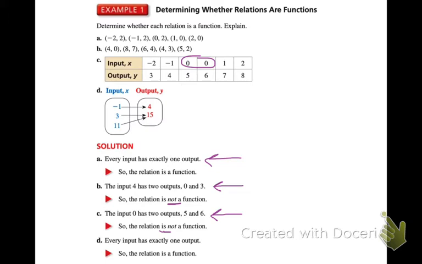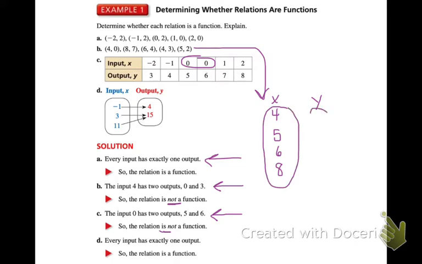If I were to do the diagram like this with my input values and my output values for part B, I have, in least to greatest, 4, 5, 6, and 8.